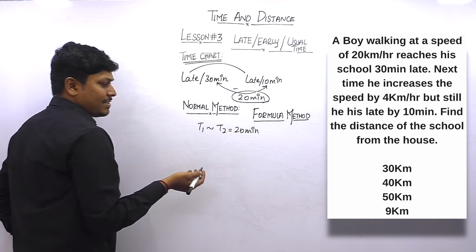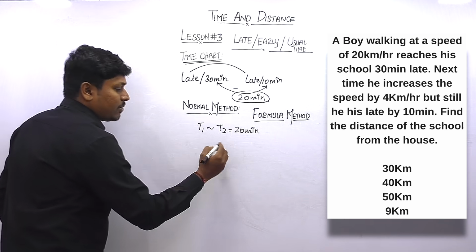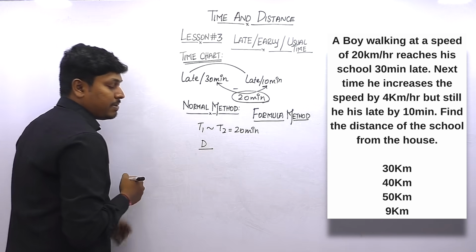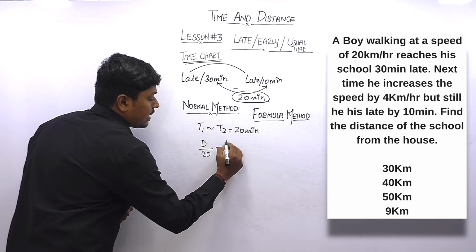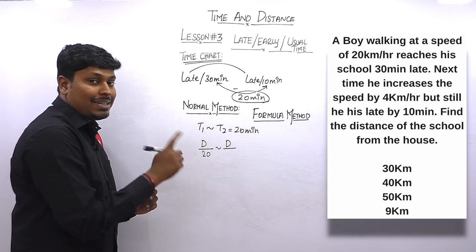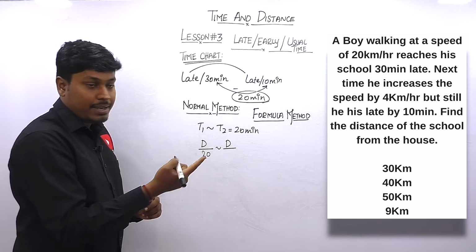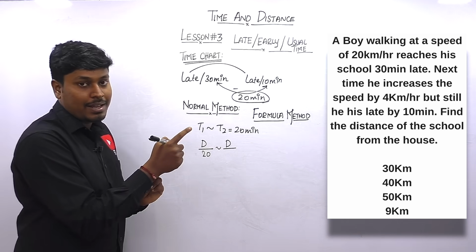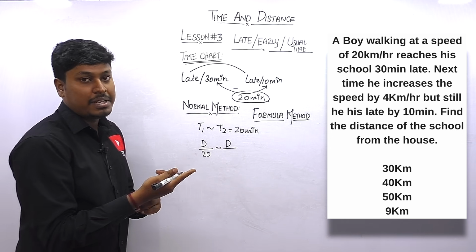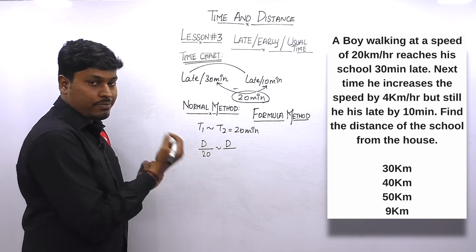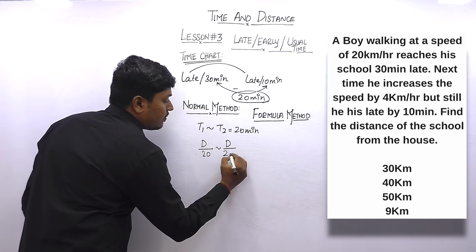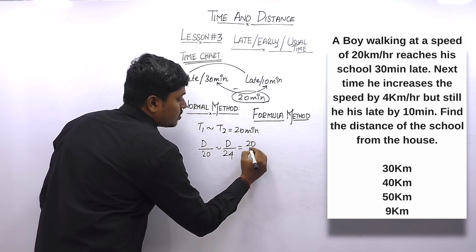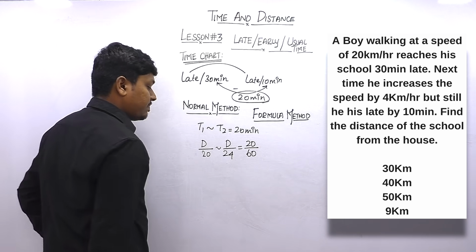Time will be distance divided by speed, so the same logic applies. Distance divided by speed, the first speed is 20 km per hour, minus time 2, distance divided by speed. He increased the speed by 4 km per hour. Listen carefully, the word "by" is important: we need to add the 4 km per hour to the original speed. So 20 plus 4 will be 24 km per hour, and this equals 20 divided by 60.